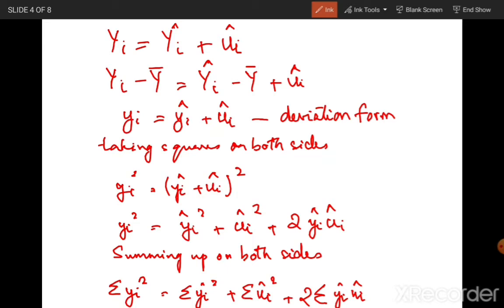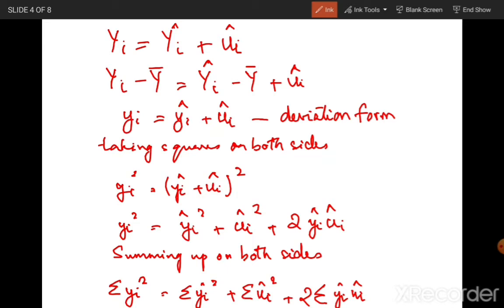Now, if you remember, we had studied the numerical properties of estimating the regression line using the OLS criterion. I think it was fourth, I don't remember if it was fourth or fifth.